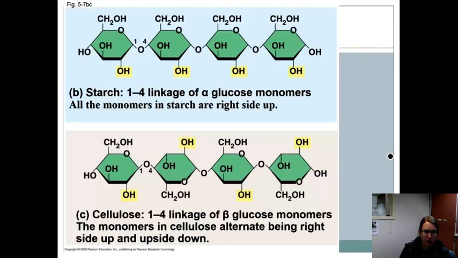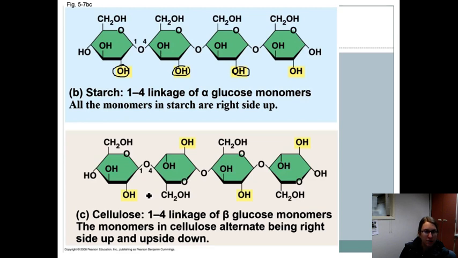So the reason we can't absorb it, as you can see right here, in starch, the glucoses in starch have this OH group at the bottom of every single glucose in the starch. And in cellulose, the OH group is actually in a slightly different placement.